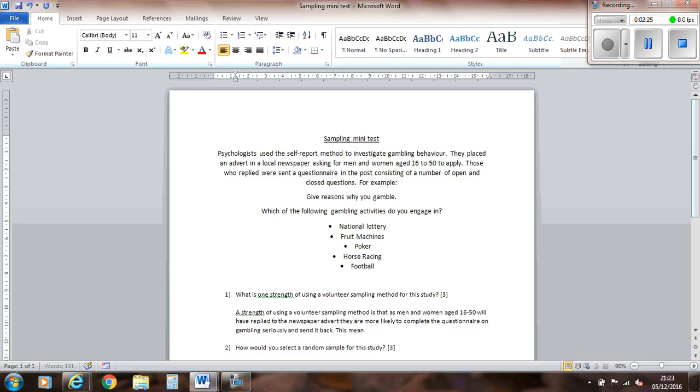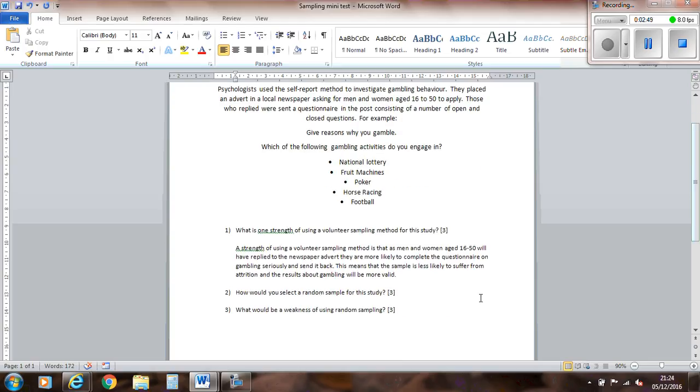So this means that the sample is less likely to suffer from attrition and the results about gambling will be more valid.